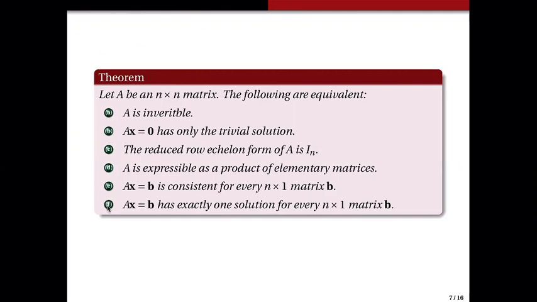And once we've shown that, then all of these will be equivalent. Meaning, if A is true, then B, C, D, E, F will be true also. If D is true, F will also be true, E will also be true, and all of the other statements.